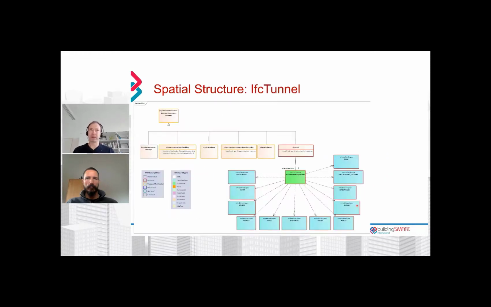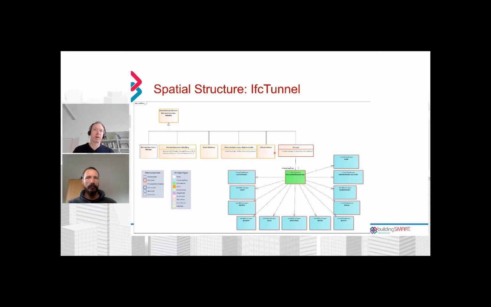We have created an extension of the spatial structure. Of course, at the highest level, we have the IFC tunnel element, which is a sub-element of IFC facility. You know that recently with IFC 4.3, we introduced IFC railway, IFC marine facility, and IFC road as subtypes of IFC facility.